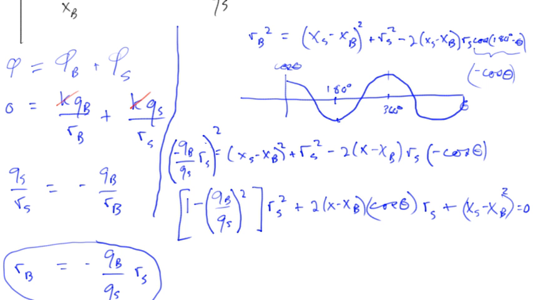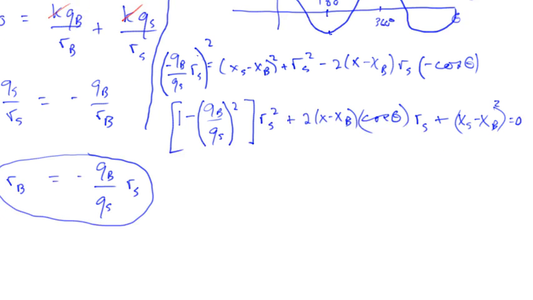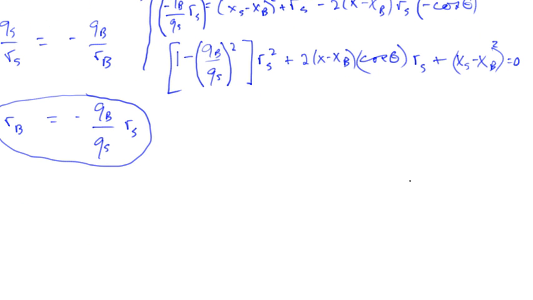So I got a quadratic equation here where A is equal to 1 minus QB over QS squared. They kind of look like 9s there.